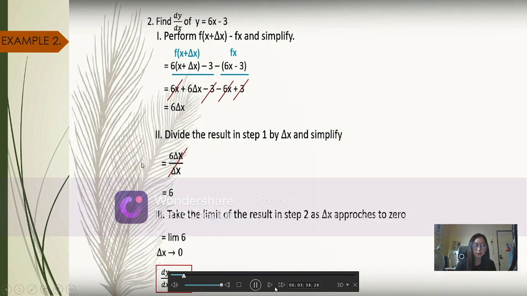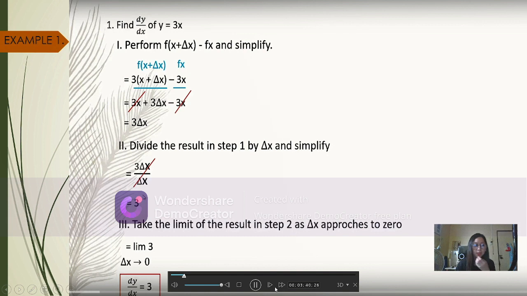So, step 3 tayo. Take the limit of the result in step 2 as delta x approaches to 0. So, kunin lang daw natin ang nakuha natin sa step 2 as delta x approaches to 0. So, wala tayong pagsasubstitutean ng 0, kaya ang sagot natin ay dy over dx is equal to 3.